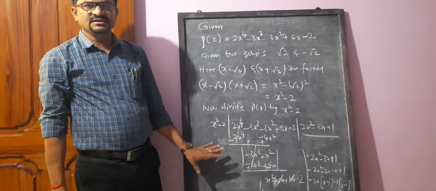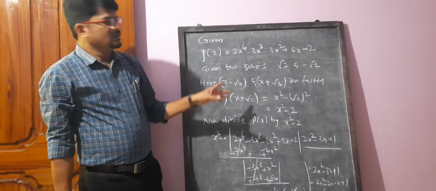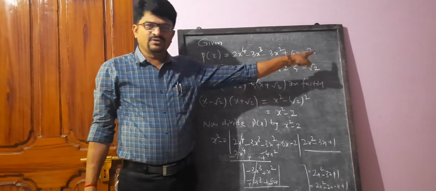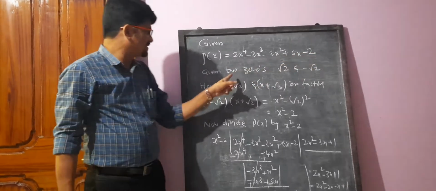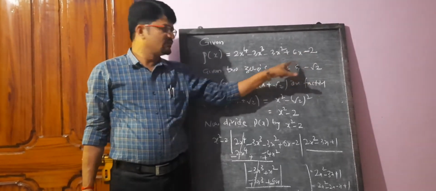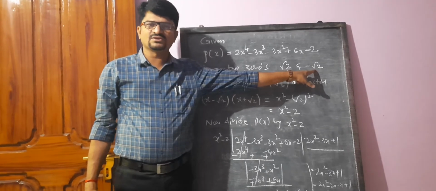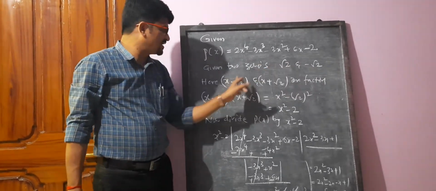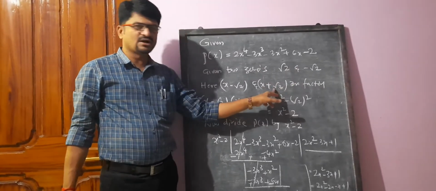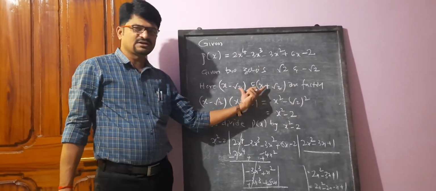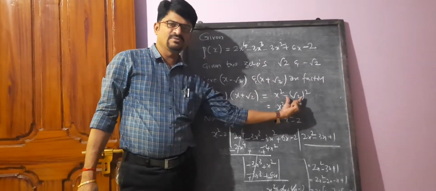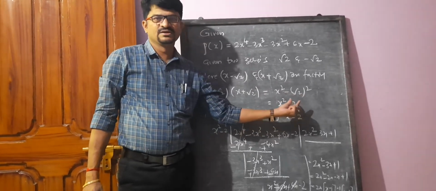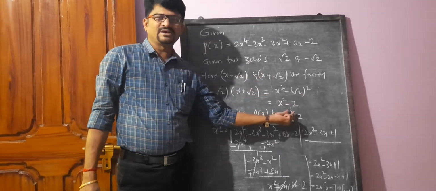Is it clear, children? Let me explain once again. One biquadratic polynomial will be given and two zeros also will be given. Whenever root 2 and minus root 2 are two zeros, then x minus root 2 and x plus root 2 are the factors. Now find the product of these two, we get one polynomial, x square minus 2.